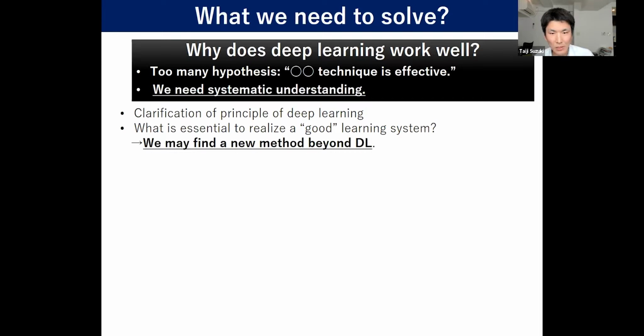And through such an understanding, maybe we may find a new method that could be beyond deep learning. So this is why we need deep learning theories. If we have some unifying understanding of deep learning, then it could be useful and helpful to find a method that could be beyond deep learning.